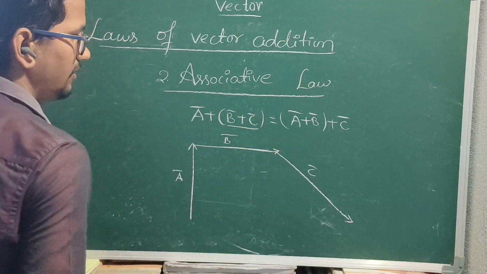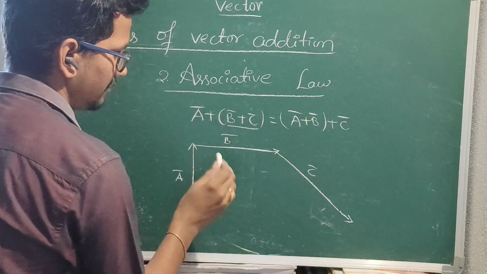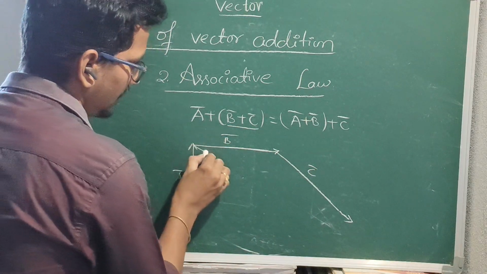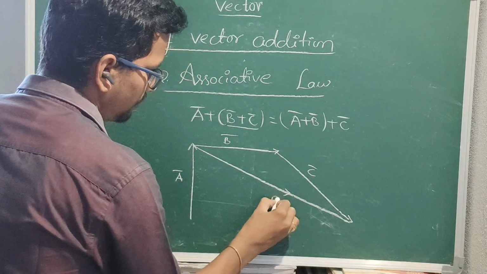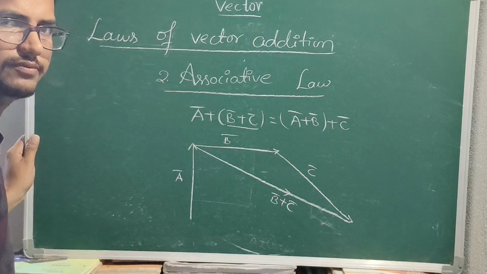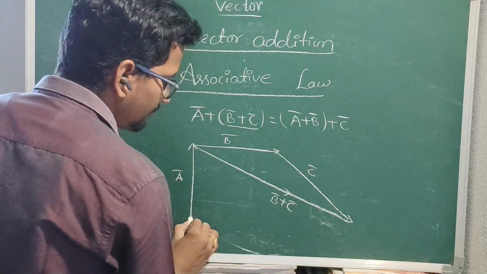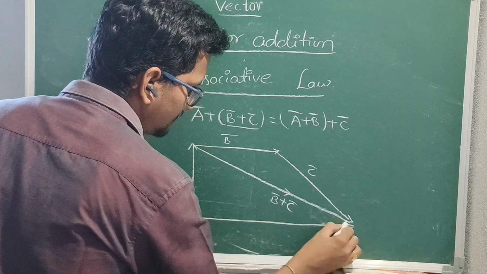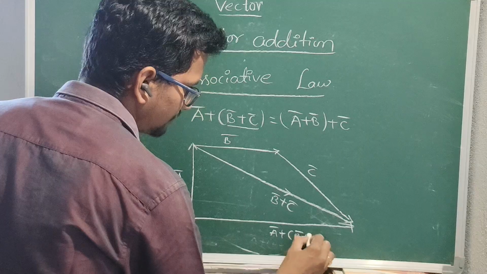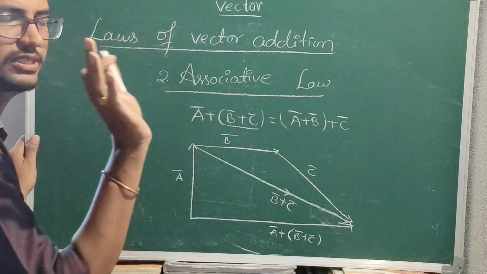First b bar plus c bar: the head of the first vector is connected to the tail of the second vector. Next we add a bar: the tail of the first vector is connected to the head of the second vector. That is a bar plus of b bar plus c bar. The left hand side has been completed.